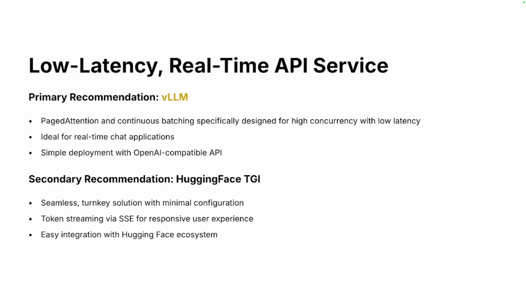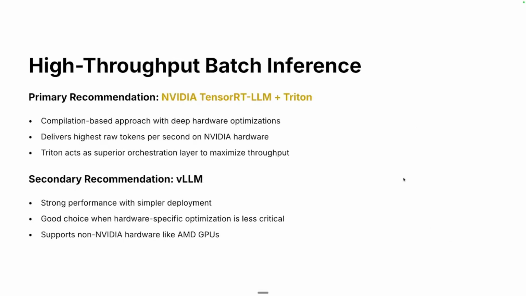Another scenario is high throughput batch inference. Here, the main focus should be on maximizing tokens per second. So the primary recommendation is NVIDIA TensorRT-LLM with Triton Inference Server. TensorRT-LLM uses a compilation-based approach and is deeply optimized for NVIDIA hardware, offering the highest raw throughput.